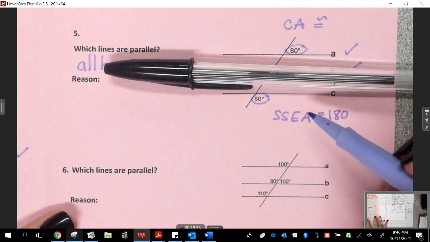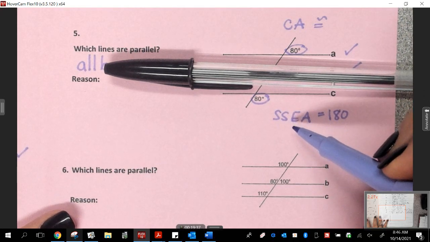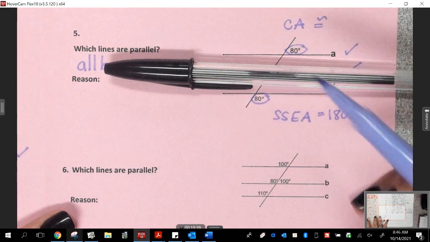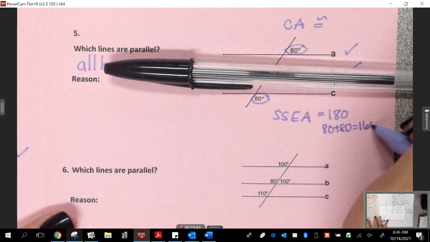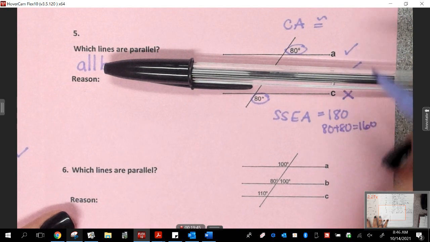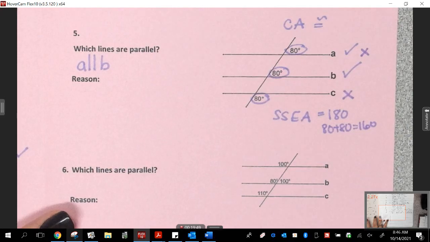SS, supplementary. SS, focus. So, what is 80 plus 80? Does that equal 180? No. So, which lines are parallel? Just A and B. So, what's my reason?